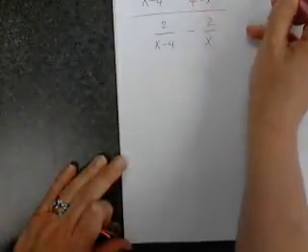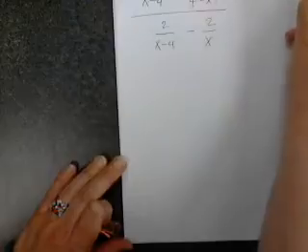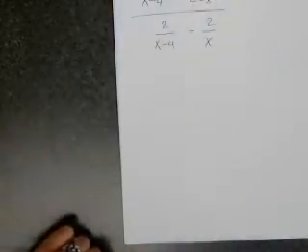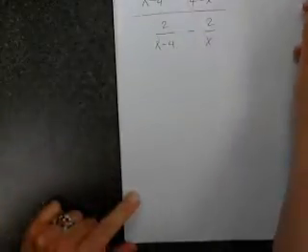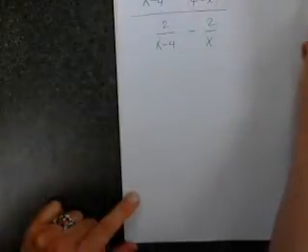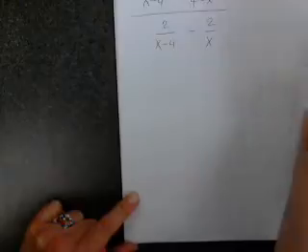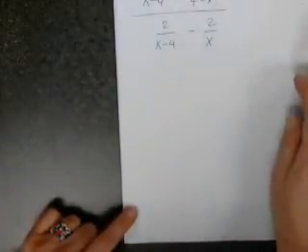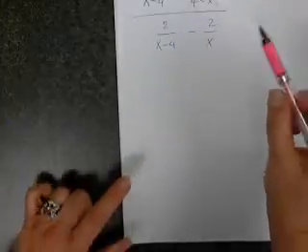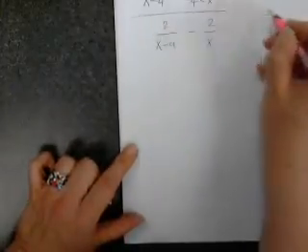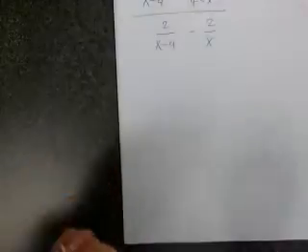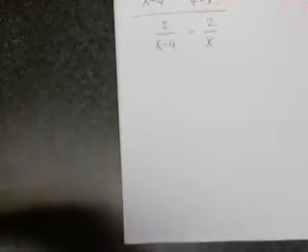So 4 minus x is the same with negative x plus 4. Right? Because negative 1 times x is this, negative 1 times negative 4 is that. So I will be replacing this by this. That's my first step.